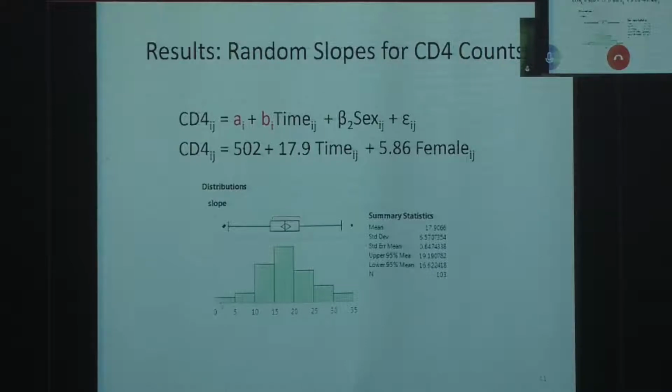Although for some people it's positive and very close to zero. So their CD4 counts weren't changing very much at all, or at best a tiny bit. Some people, they were going up by 10 or 15 or 20 units per month. Some people, the slopes were quite steep, 25 up to 35. And so you get a sort of interesting impression of what the slopes were.